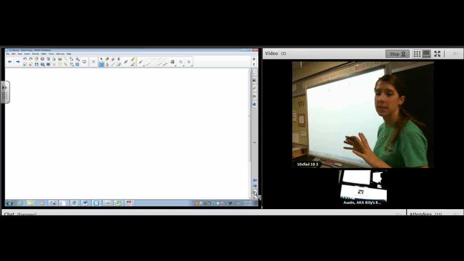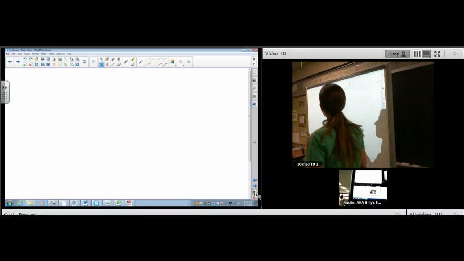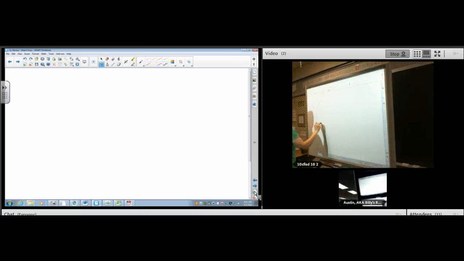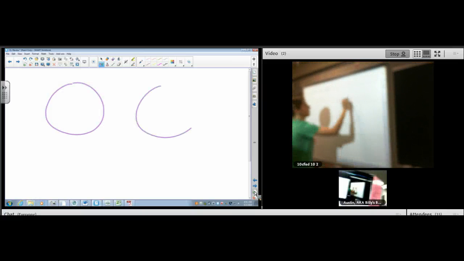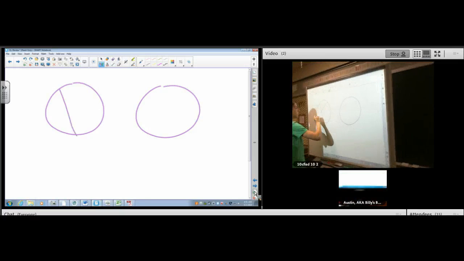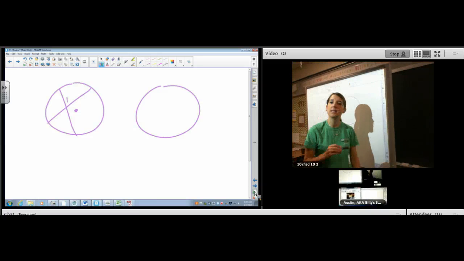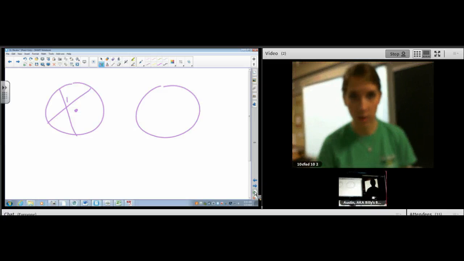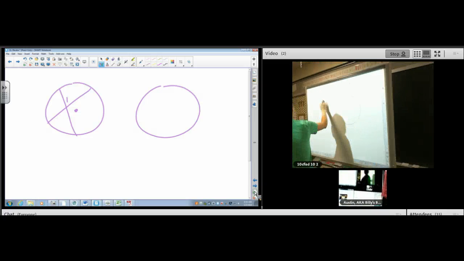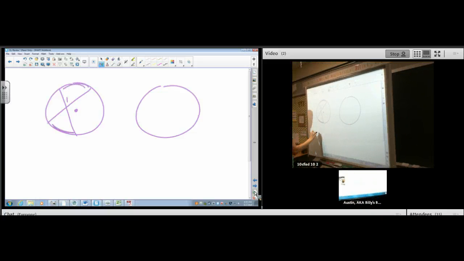Then we talked about those 7 angles, remember? Well, I've already talked about central and inscribed. Let me just remind you of the other 2. When an angle is inside the circle and it is not the central angle, then you add the arcs and divide by 2.